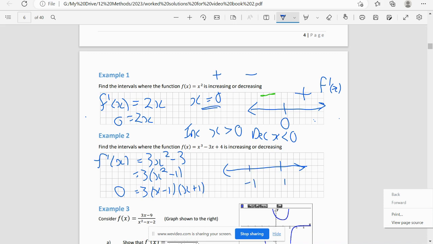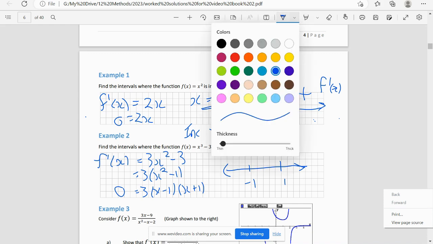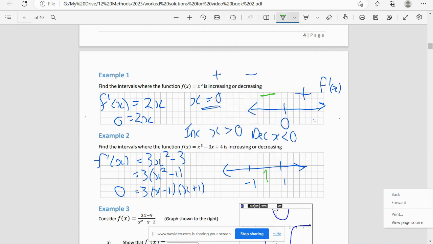Now we sub in values in between, and it can be any value. I think I'm going to start in the middle here. The value that I'm going to start with that's really easy to sub in is 0. So I'm going to do f'(0) here. If I sub that into the slope function, I'll get 3 times 0 squared, take 3, which is going to be negative.